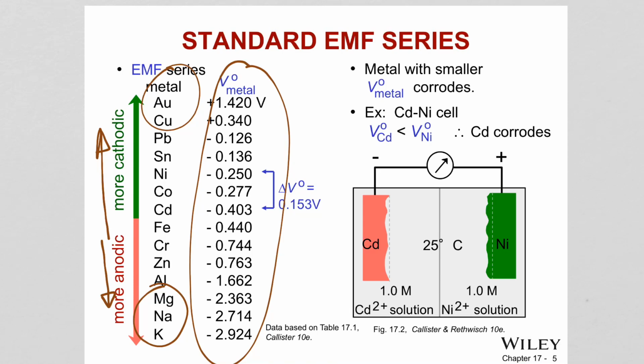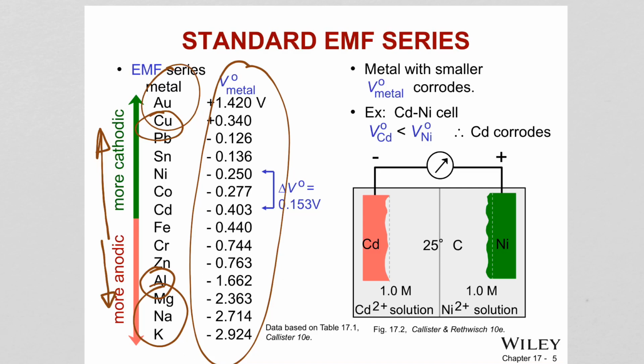So we can give one example. For example, copper is cathodic with respect to aluminum, because aluminum is here and copper is here, right? If the two were in contact, if you bring copper and aluminum in contact, which one is going to corrode?